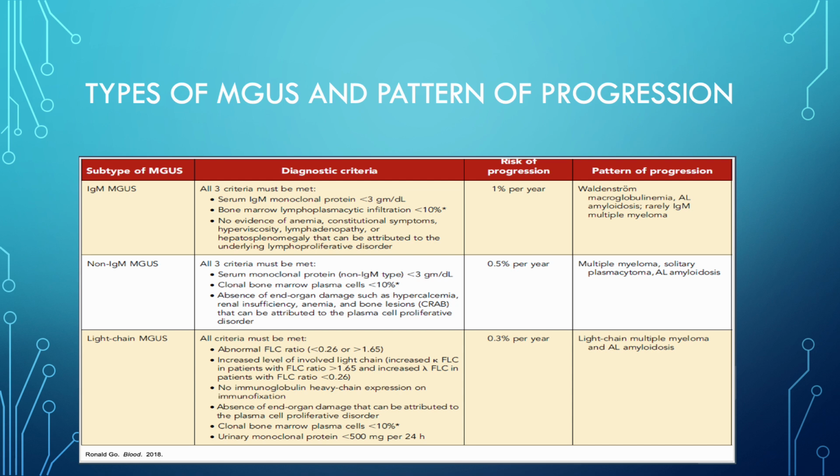It has to be significantly light chain. Then absence of any end organ damage or any plasma cell proliferative disorder. And then again, the same general criteria: the clonal bone marrow plasma cells need to be less than 10%, and the urinary monoclonal protein needs to be less than 500 milligram per 24 hours. The risk of progression is 0.3% per year, and the pattern of progression normally that we see is light chain multiple myeloma and AL amyloidosis.